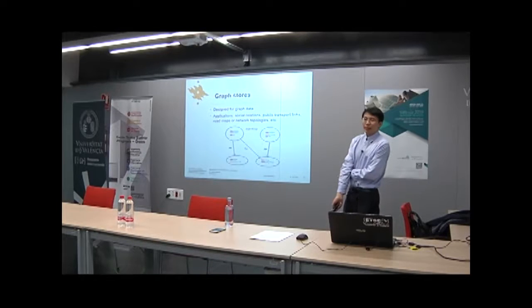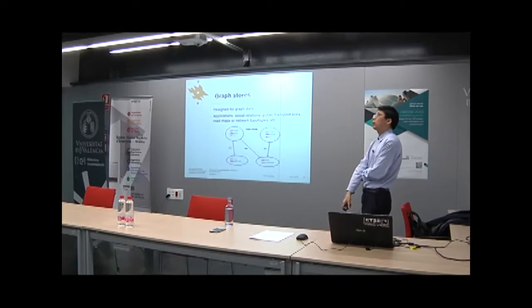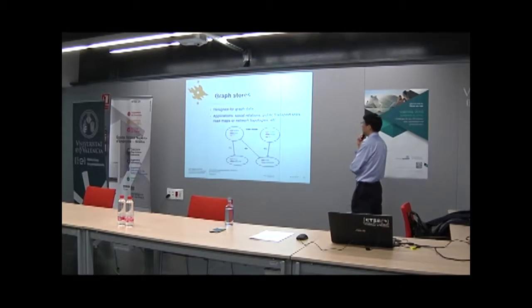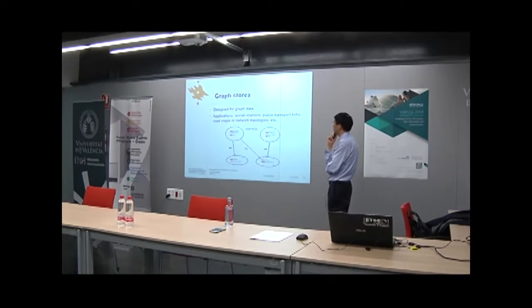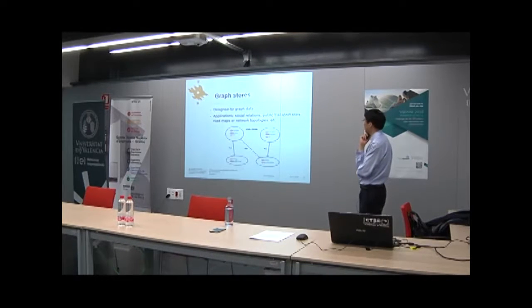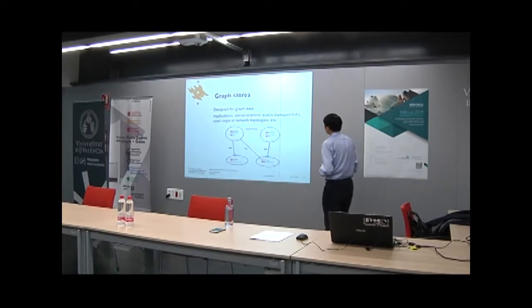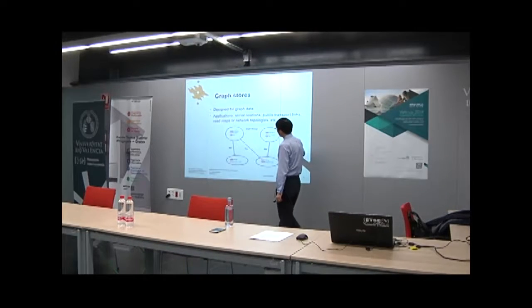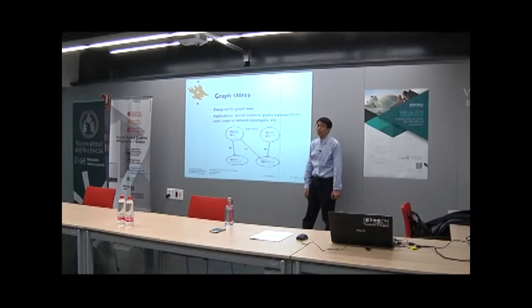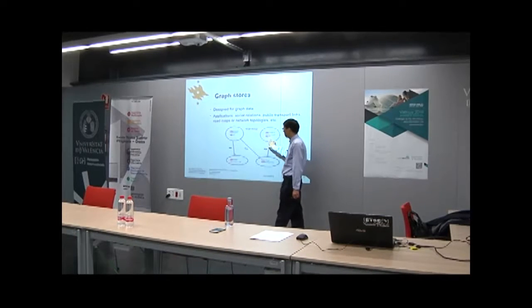The fourth database is the graph store. The purpose of a graph store, of course, is to store the whole graph. They have applications in social relations, public transportation links, and social networks. So we just use the graph. A graph includes nodes and edges. Each node has some key value pairs.